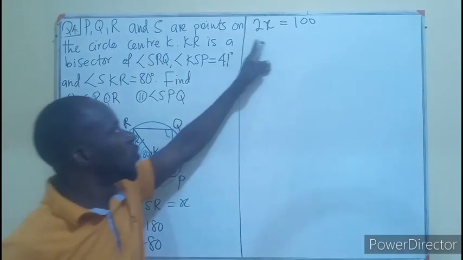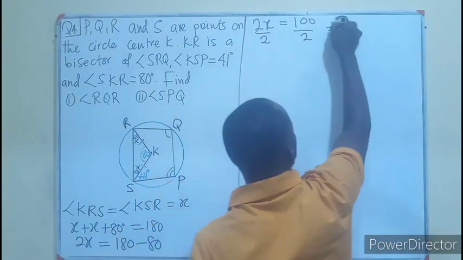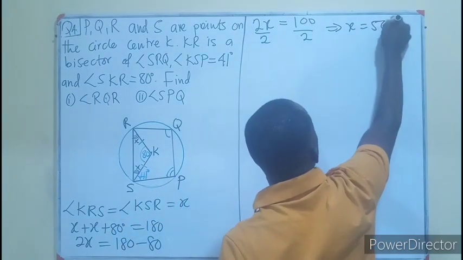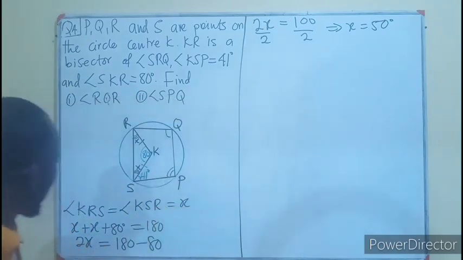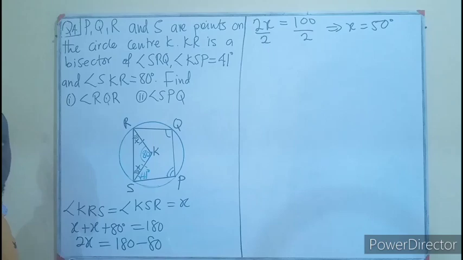Dividing through by 2, x is 50 degrees. Meaning this angle right here is 50, this is also 50.